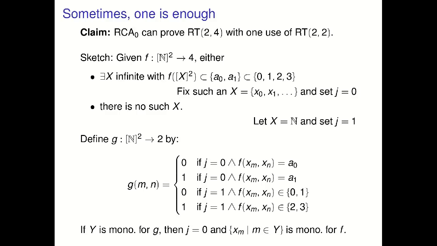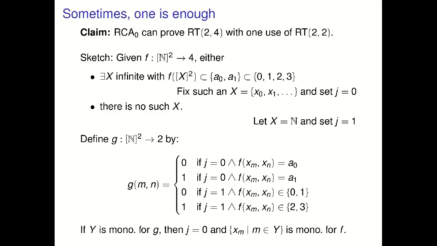So how am I going to do that? Well, it depends on which situation I'm in. In this situation, I know whenever I color two elements out of here, they're either going to be A0 or A1. Then I will color 0 or 1 depending on whether I'm looking at A0 or A1.